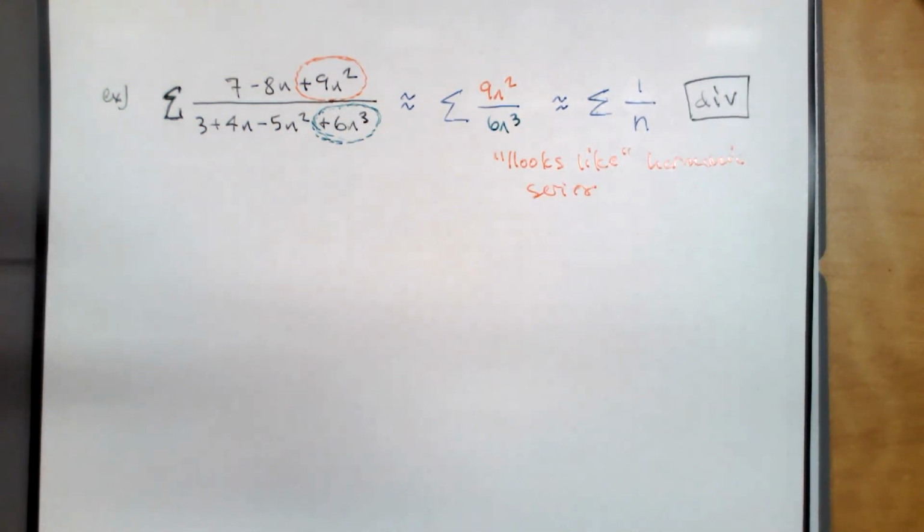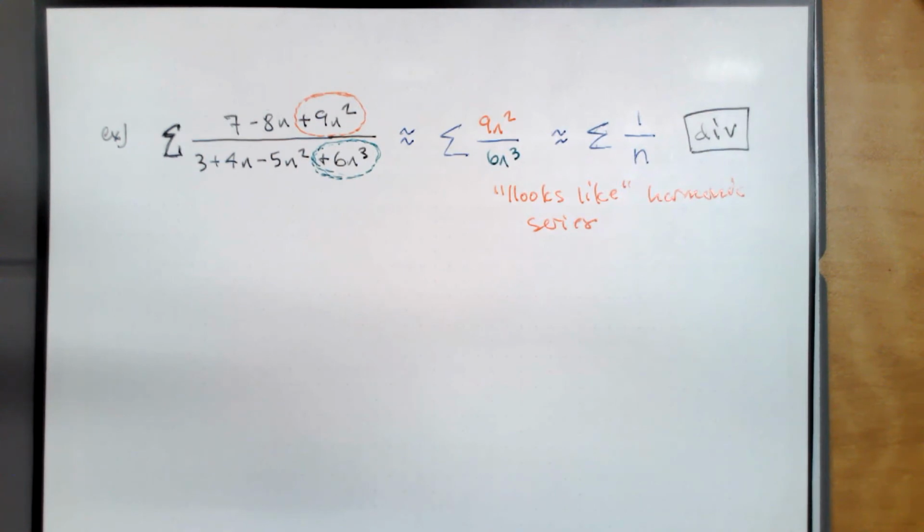Let's say this looks like the harmonic series. Just focus on what's important. Is it an n squared over an n cubed? And for large values of n, the 9 and the 6 are only going to matter if the n's are about the same.